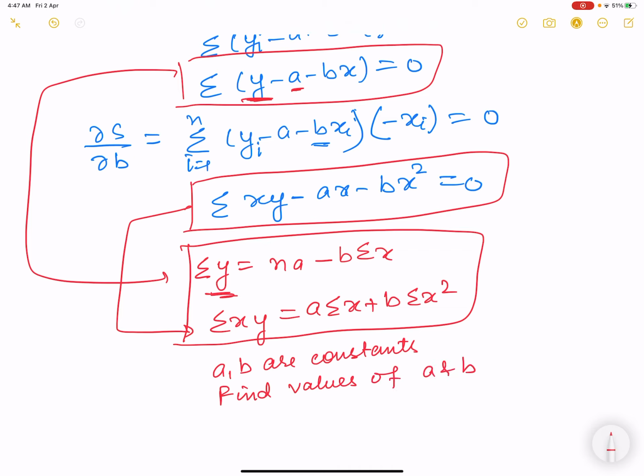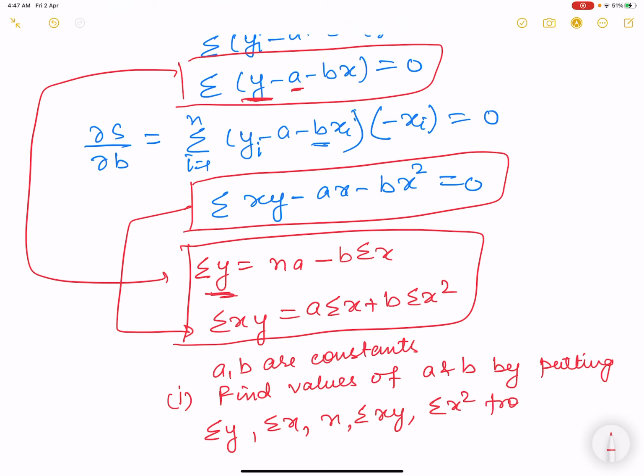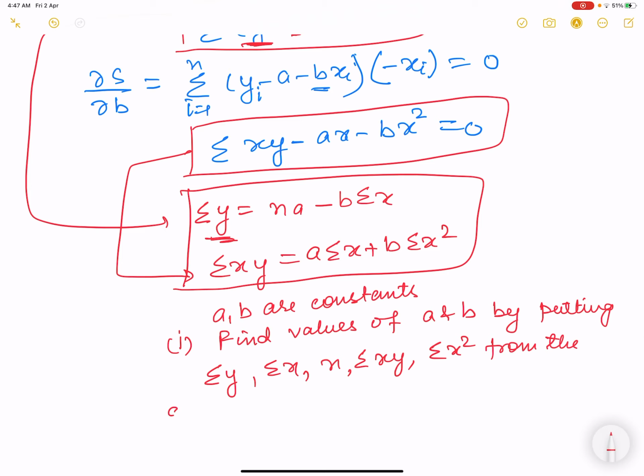So if I go step by step, first thing is find the values of a and b by putting sigma y, sigma x, sigma xy, sigma x square from the given data, or you may say from the given question if you are preparing for the examination.